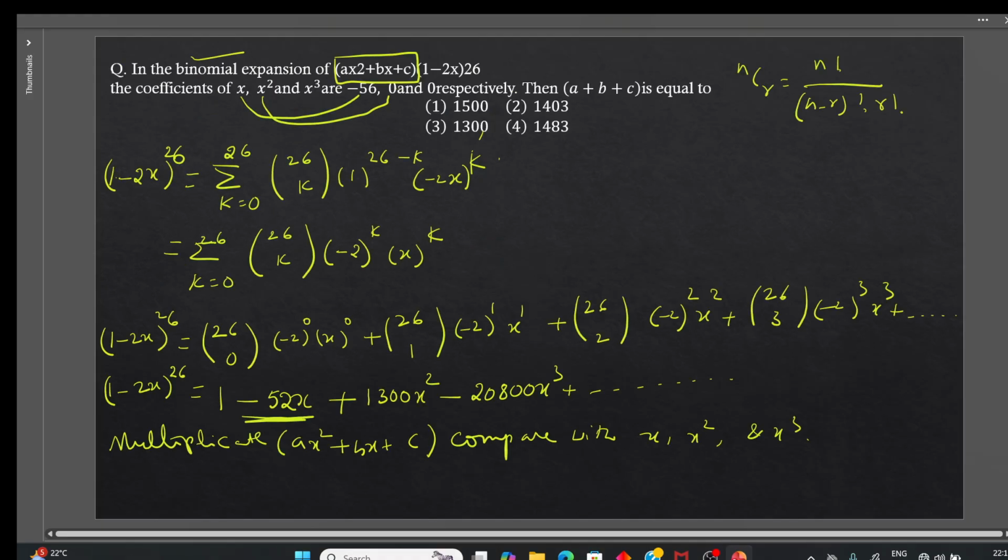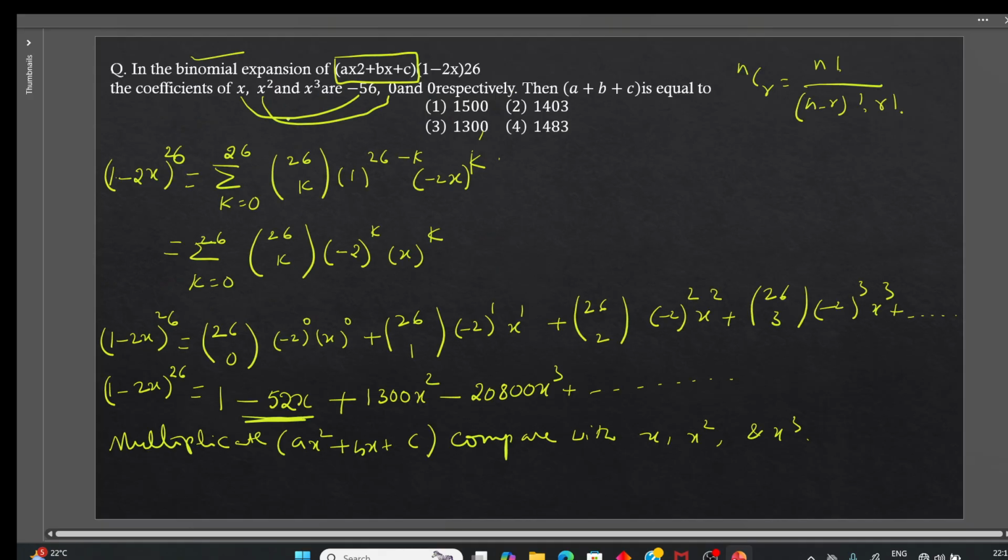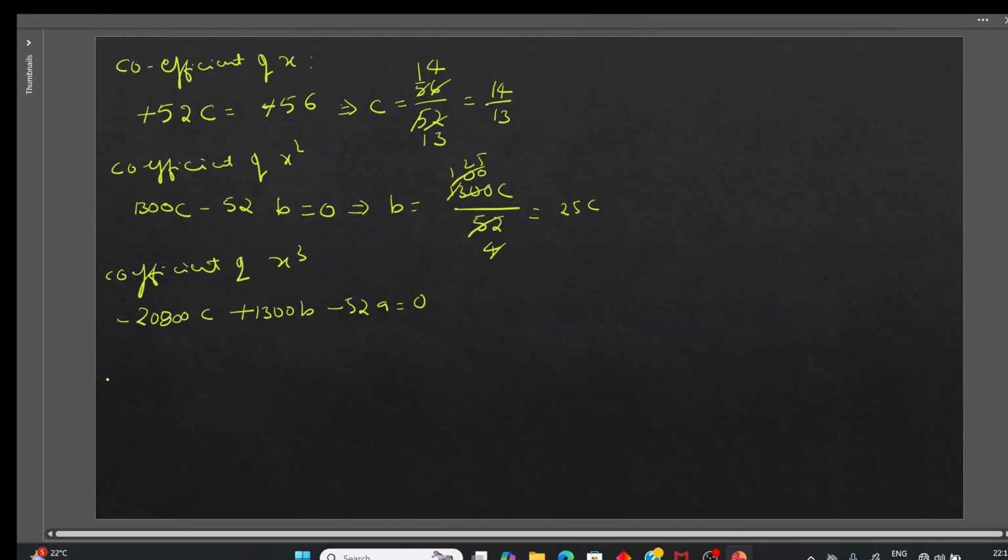In the same way, find the coefficient of x cube. The coefficient of x cube here is minus 20,800c plus 1300b minus 52a is equal to 0, because in the question the x cube coefficient is given as 0.